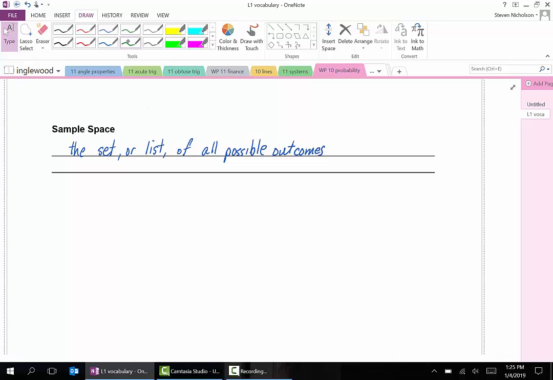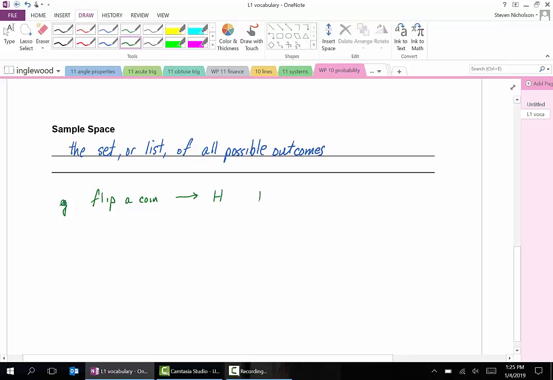So a few examples then. If I said we're going to flip a coin, what is the sample space? Well, you can get a head or a tail. So the sample space is heads or tails. The number of possible outcomes is 2.